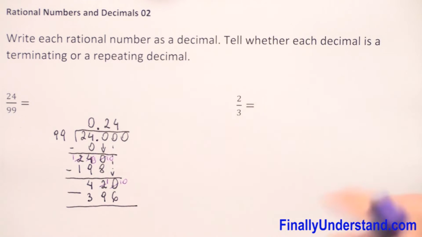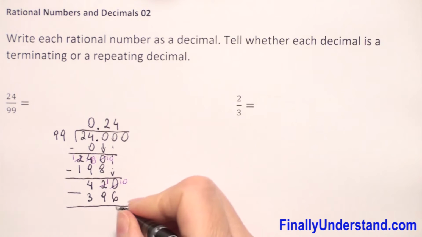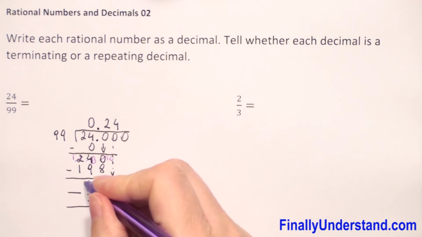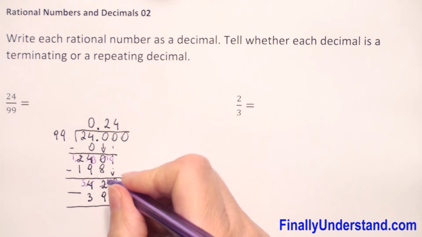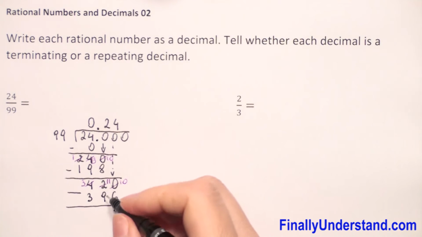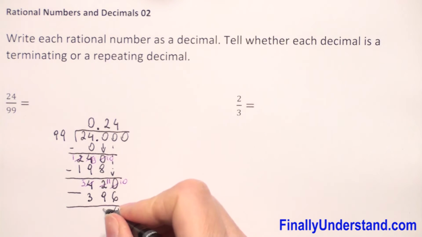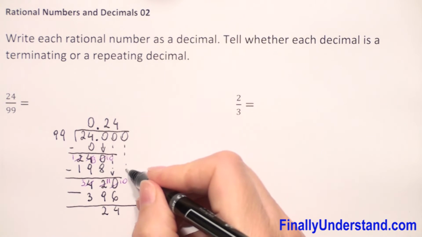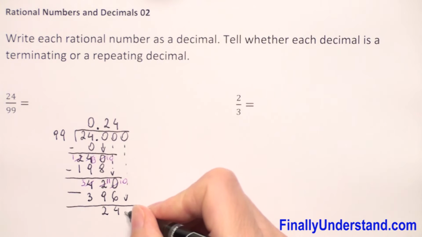At the end we have 10 minus 6 is 4. We borrow 1 from 4, so it will be 3, and here we have now 11. 11 minus 9 is 2. 3 minus 3 is 0. We don't have to write it. We take down the next 0.